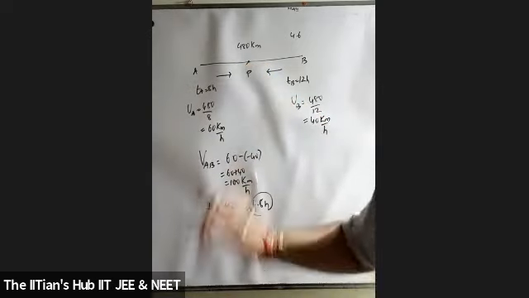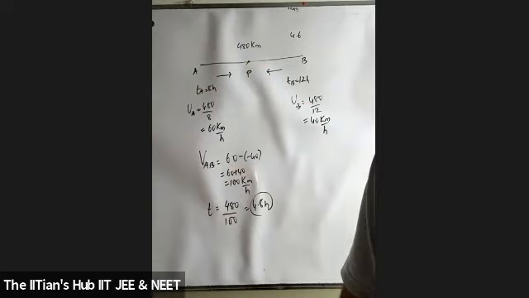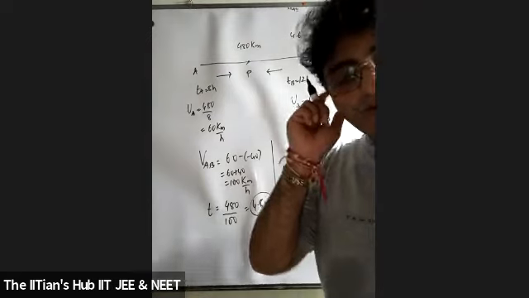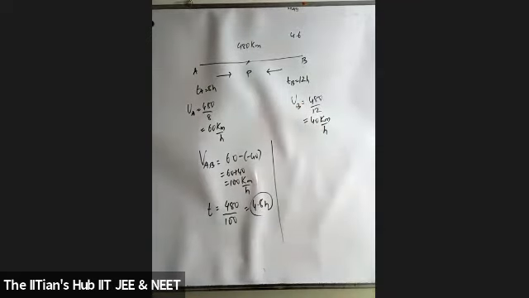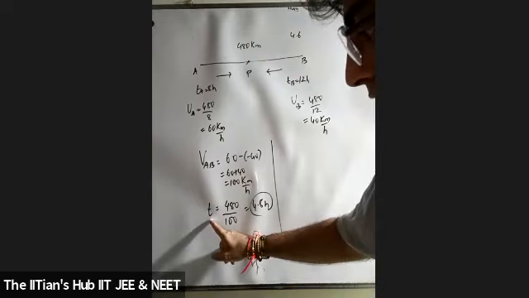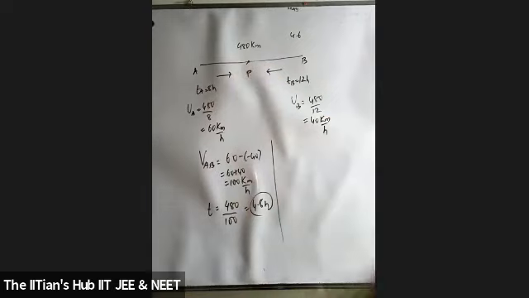How do you get that distance? The distance equals speed into time. So speed of A is 60 kilometers per hour, and time we got is 4.8 hours. From A, the distance will be 288 kilometers. That means this is the time taken for both the buses to reach point P?